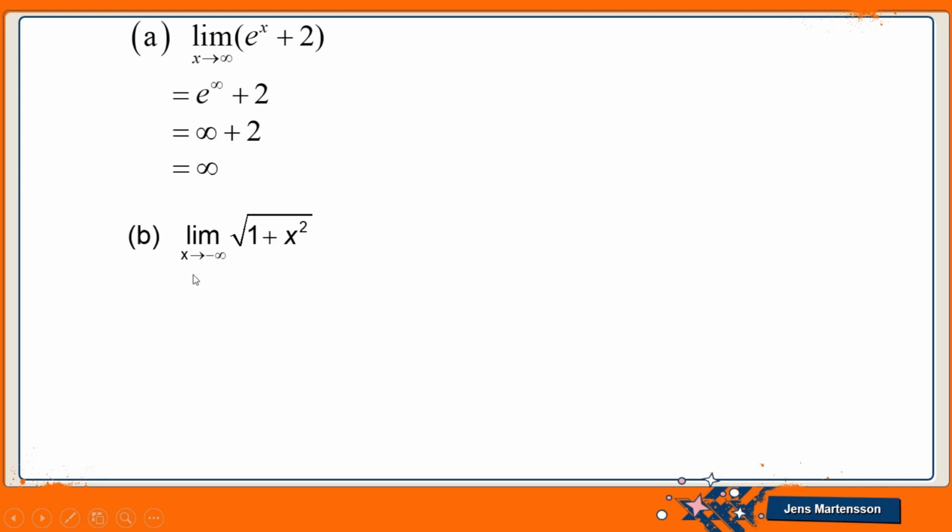Okay, for question B, the limit of square root of 1 plus x squared when x approaches negative infinity. We substitute negative infinity in x, we get square root of 1 plus negative infinity squared, and negative infinity squared is infinity. So 1 plus infinity is infinity, and square root of infinity is infinity.